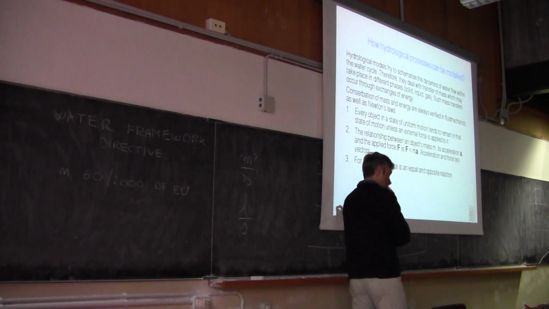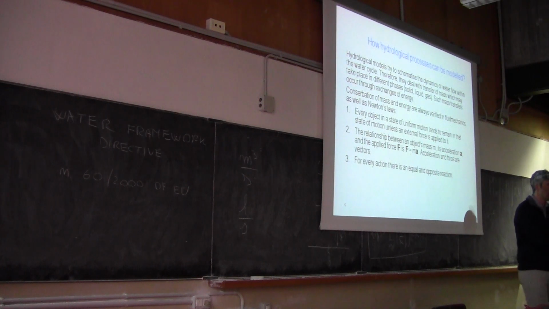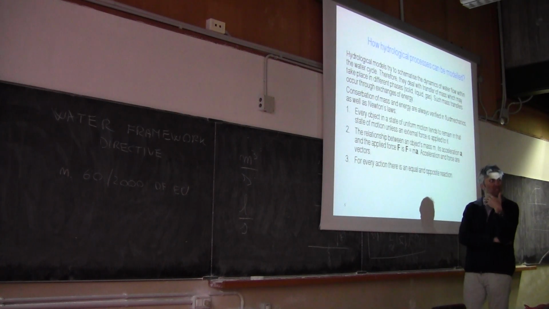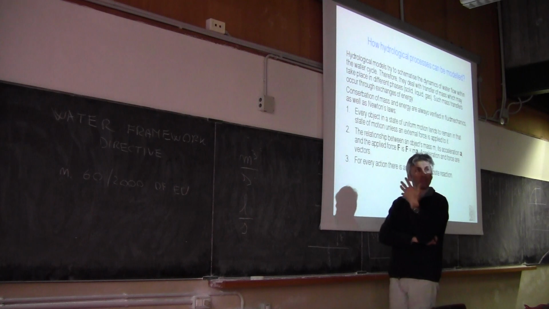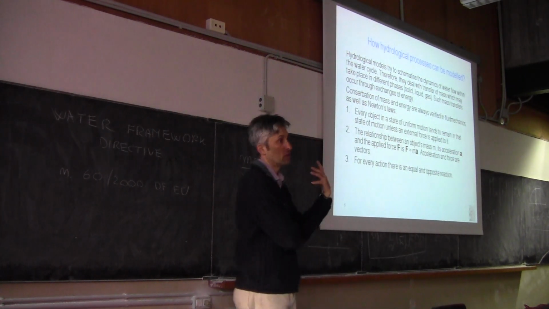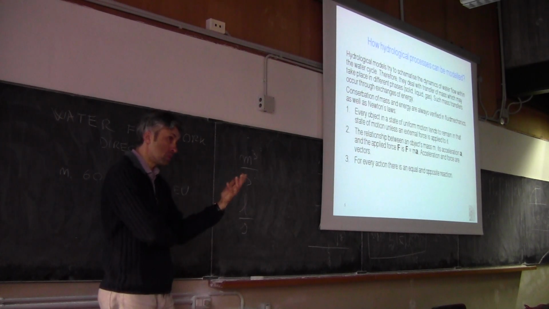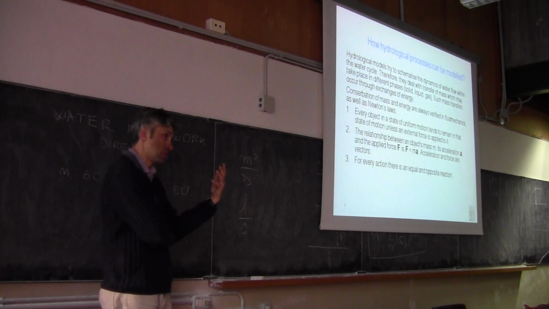But in many cases, if we increase model complexity, we need also to introduce state variables, like water storage. And this is an additional unknown. And therefore, we need to apply two conservation principles.